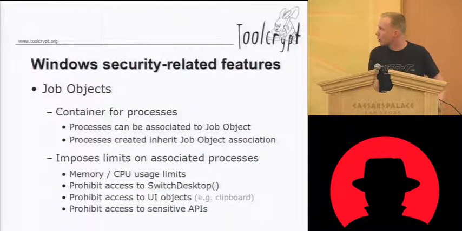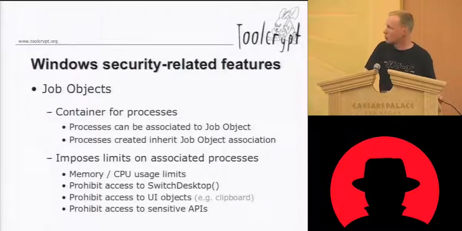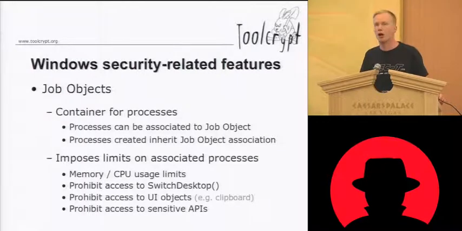With the 2000 terminal server release, there was a new concept introduced in the Windows security model, which is called a job object. And the job object was introduced to be able to set resource limits on processes.